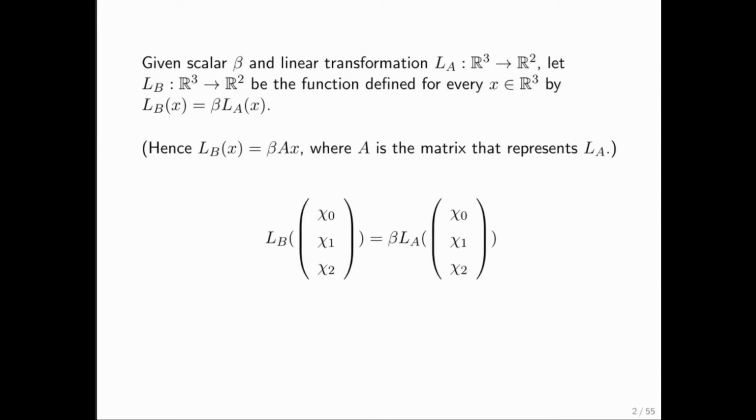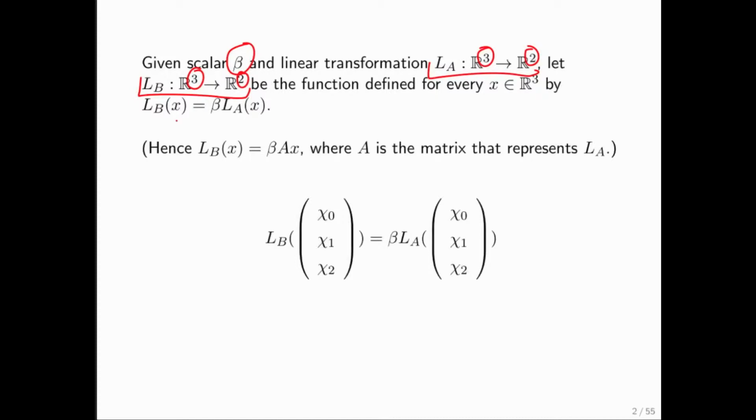The way we're going to introduce the scaling of a matrix is by starting with a scalar beta and a linear transformation L sub A that takes a vector of size 3 and maps it to a vector of size 2. We then also define a vector function, which we don't know yet whether it's a linear transformation, and that function also maps a vector of size 3 to a vector of size 2.